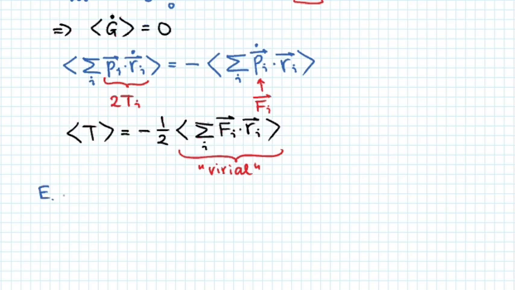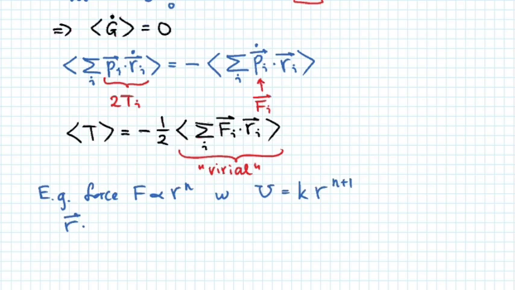For example, if force is a radial function to some power, and therefore the potential energy is given by some constant times r raised to power n plus 1, then to compute virial we can write r dot gradient of potential energy, or along the radial component it's going to be simply r times derivative of U with respect to r.